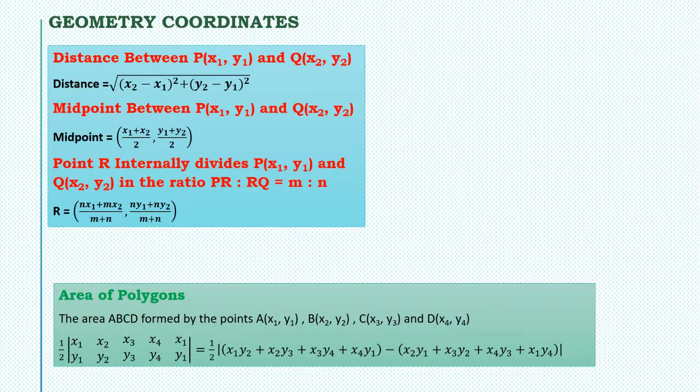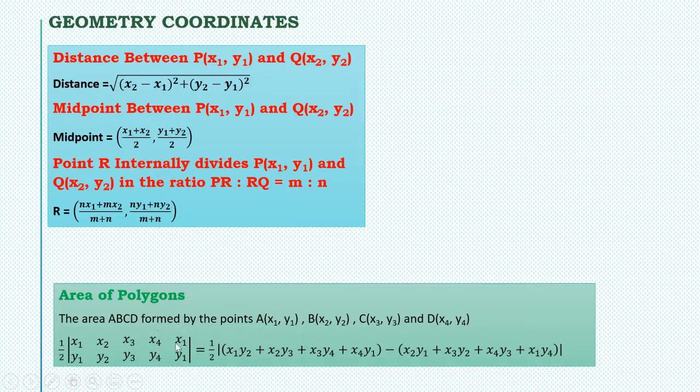The next one we are looking at is area of a polygon. Let's say if you are given 4 points here, you want to find the area. The formula is arrange your points either clockwise or anti-clockwise, either way, your x and your y values, and the multiplication will be from your x1, y2, the way is multiply minus the opposite direction.